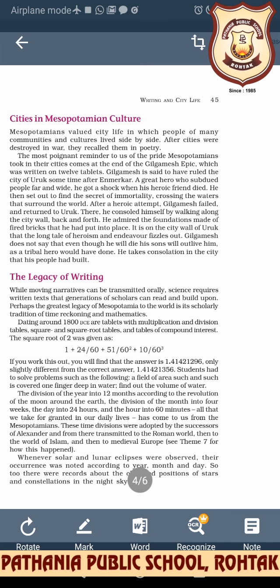There are even some clues that there are records of lunar and solar eclipses also. And as we know, lunar and solar eclipses are also based on the year, month and day. So it means these Mesopotamians were very keen and well aware about astronomy also, like they observed the position of stars and constellations in the night sky.